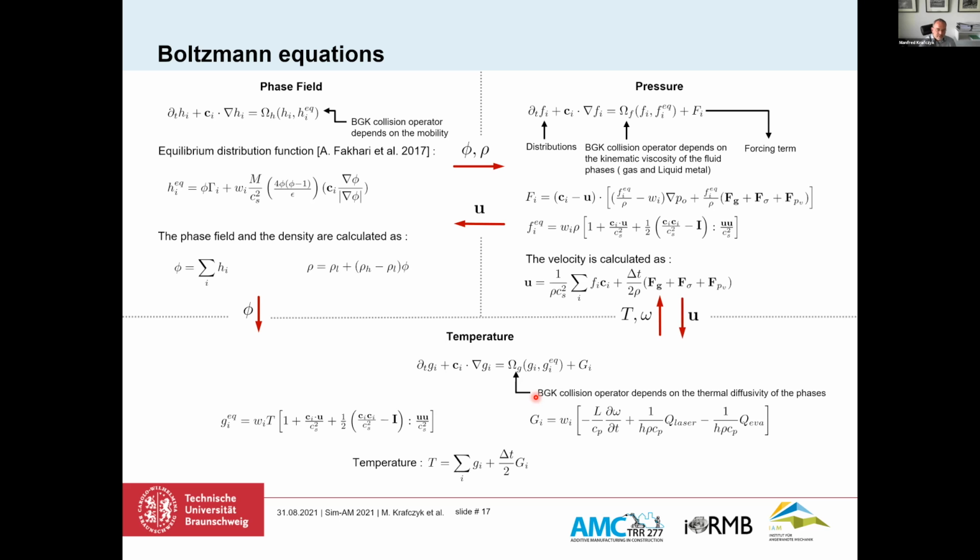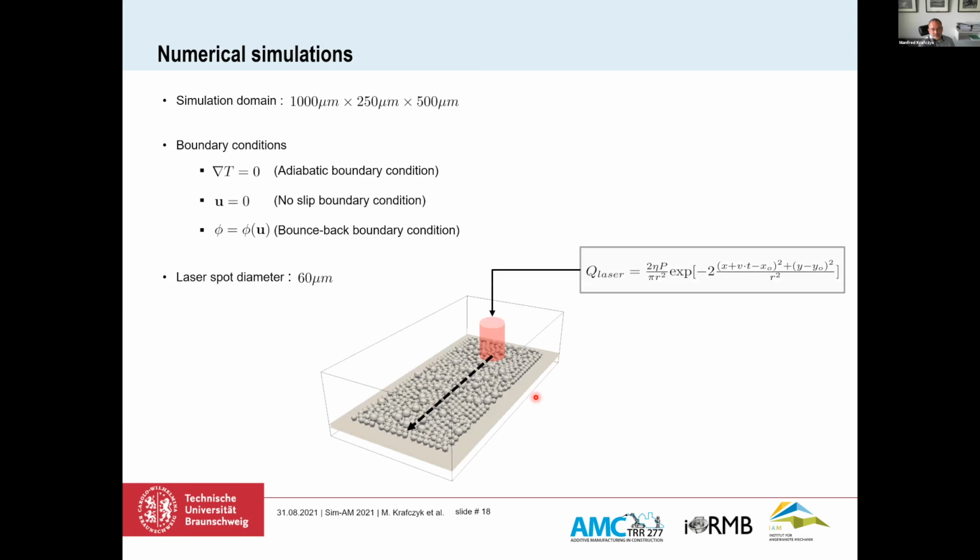The phase field couples with the temperature field, and the temperature field also modifies the momentum equations. The omega here indicates the transport properties, both for heat transport and for surface tension, and all these equations are being solved simultaneously.